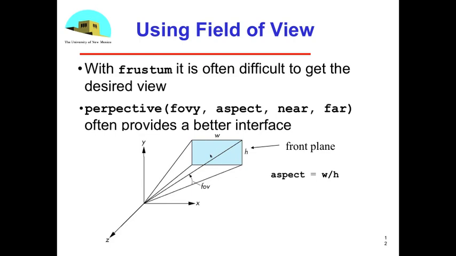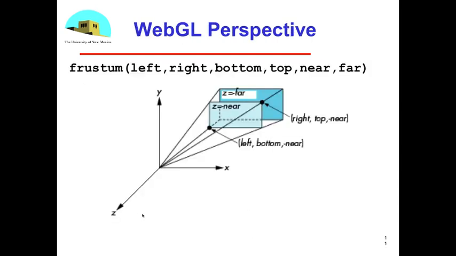But the main lack of generality here is that this is always going to give you a symmetric view. It's always going to give you a frustum which is symmetric about the z-axis and symmetric about the y-axis. You don't have to have it symmetric in a general frustum view. You can have this pointing all the way off to the left.